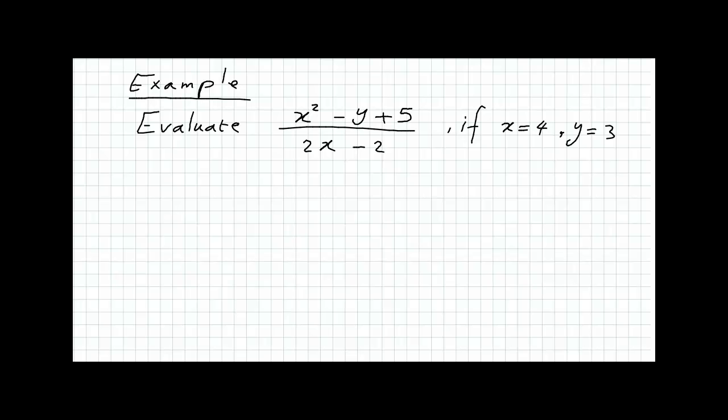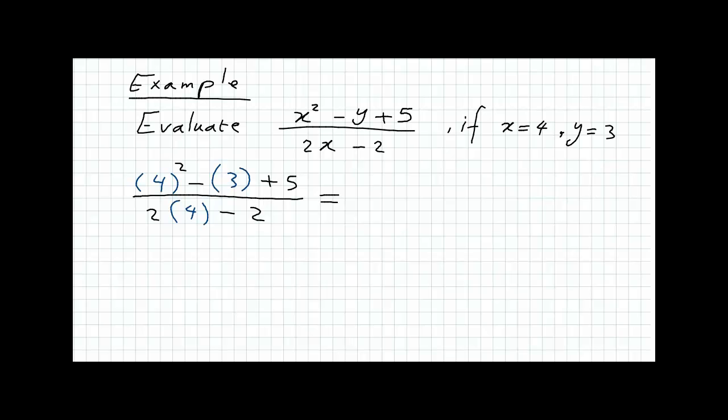So we write it again. Instead of writing x, I'll put the value of x and then complete writing the expression: substitute the value of y plus 5 over 2 times the value of x minus 2.